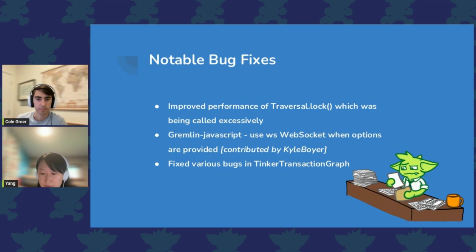There were also bugs discovered in the TinkerTransactionGraph, and that's now been fixed. I'll let Cole give some more details on that. Yeah, a couple of bugs came up in TinkerTransactionGraph, and they're all related to the way it tracks what elements have been updated and deleted within the transaction.